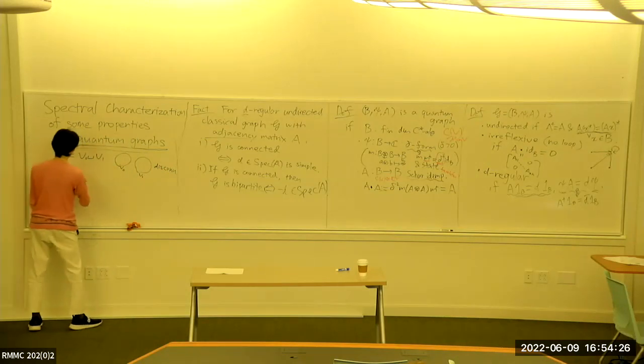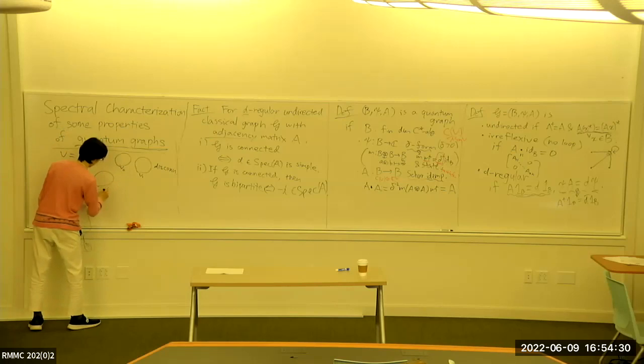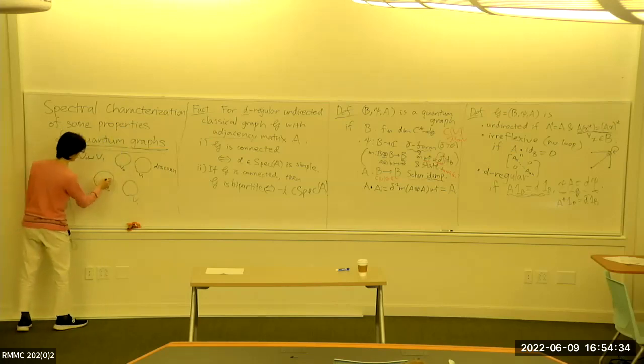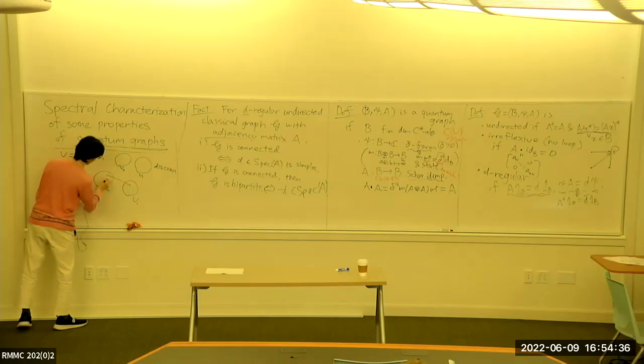And it is bipartite if there is a decomposition of the vertex set such that all the edges are between those two vertex sets.